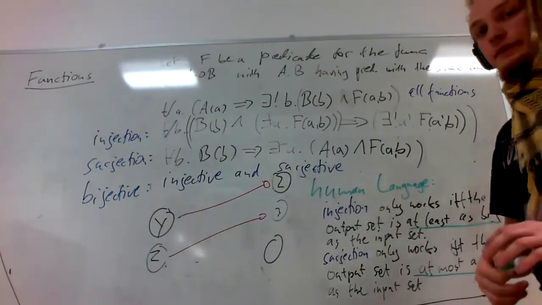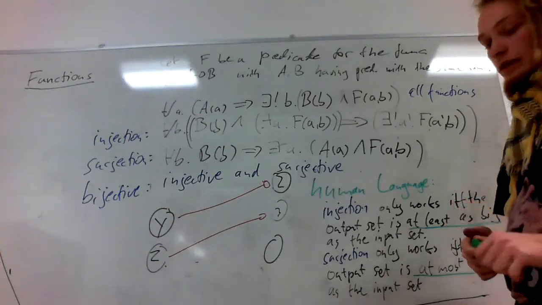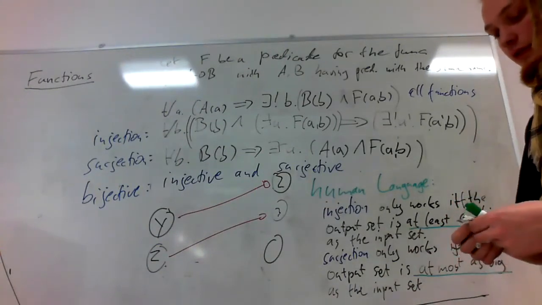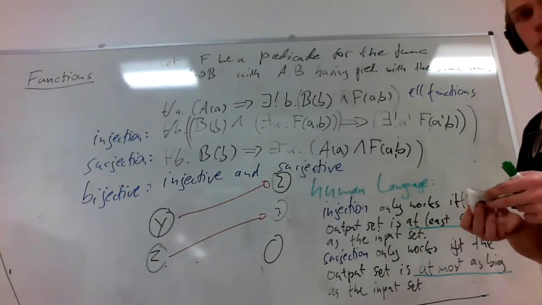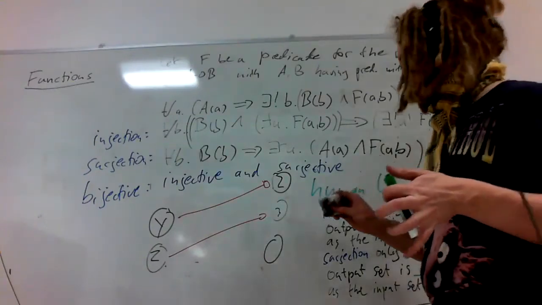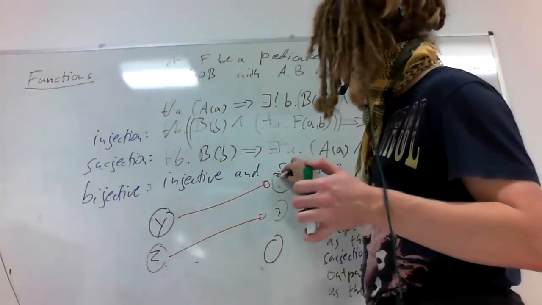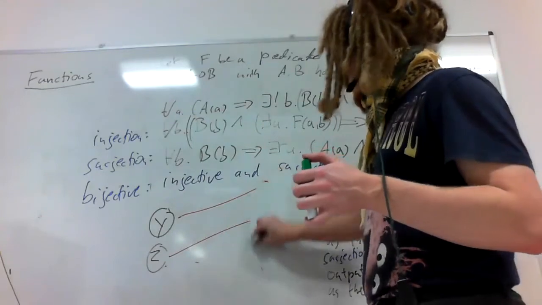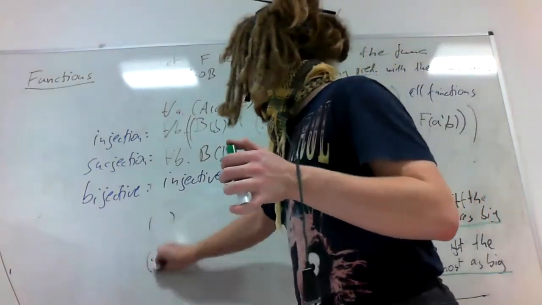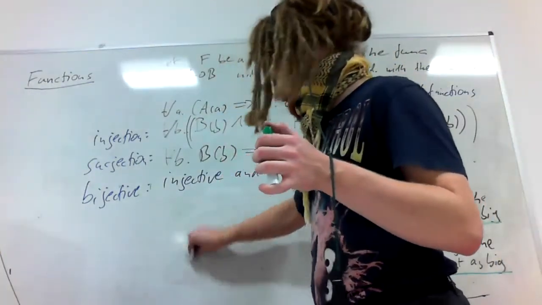As examples, you will probably get the graphs of a function or a function, but you can draw the graphs if you want. And then you have to determine for the function if they are injective, surjective, or maybe bijective. Yeah?